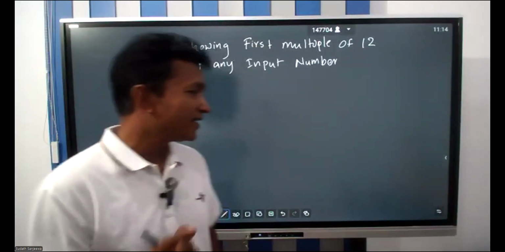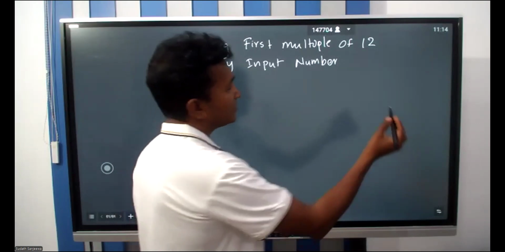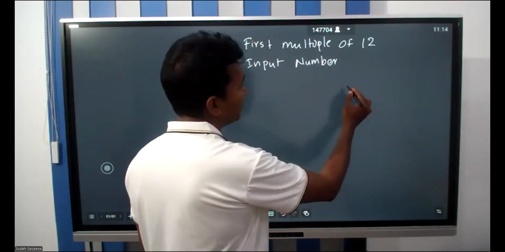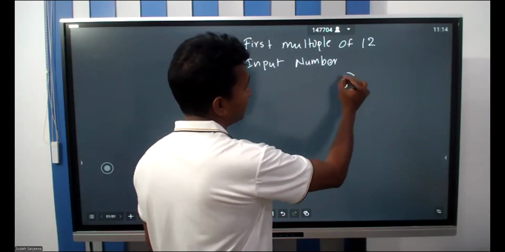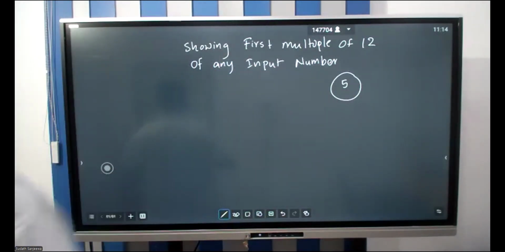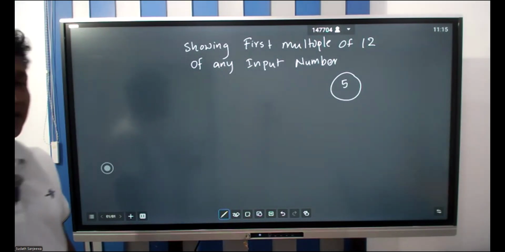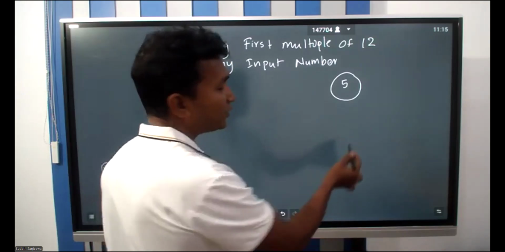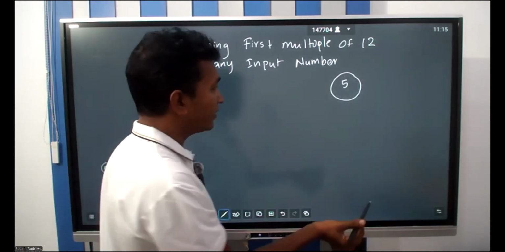So let's say someone is going to input, let's say number 5. This is the input number. Now we are going to show first multiple of 12, right?